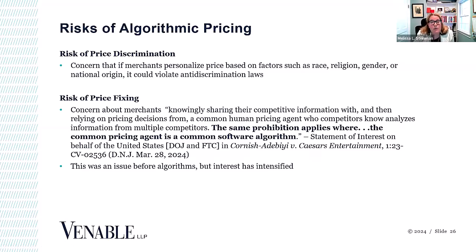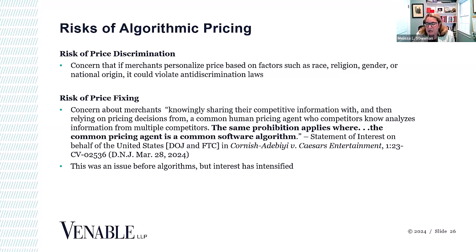Traditionally, you may be familiar, if you play in the antitrust sphere at all, with the idea of hub and spoke conspiracies for price fixing, based on something like a trade association collecting information from different horizontal competitors and then using that for price fixing. It's the same theory based on using a common software algorithm, says the DOJ and the FTC.